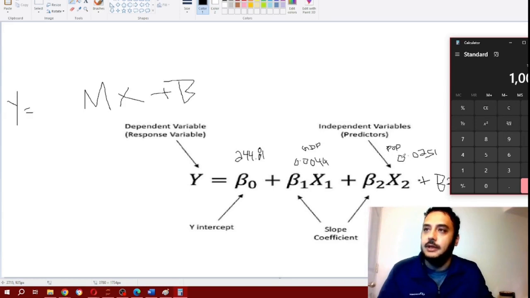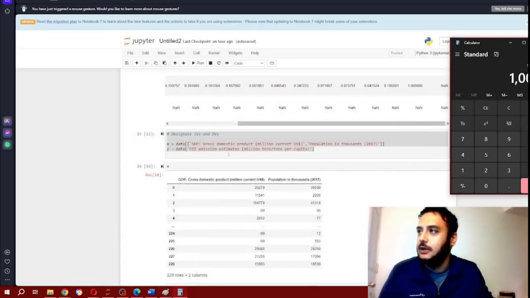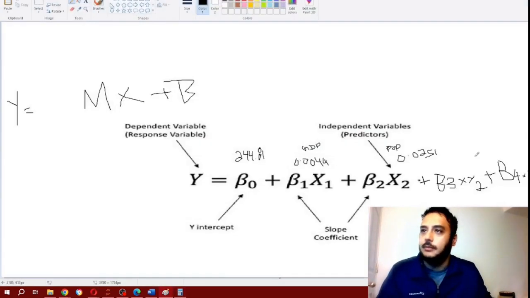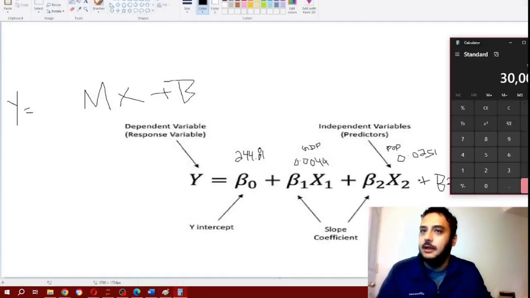and then if they have a population, we need to take a look at that really quickly, population in thousands. So let's say 30,000 population, which is not very practical. And then we multiply these two, and then we add that with, oh, no, I made a mistake.